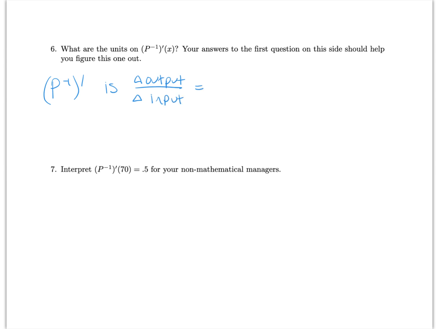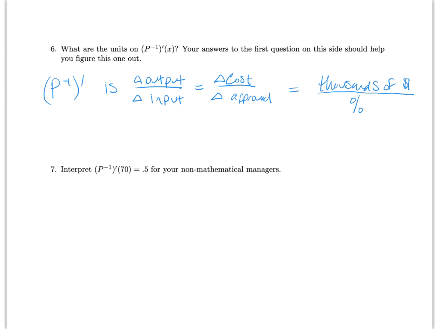And for this problem, input was approval and output was cost. So this is change in cost per change in approval. So my units are going to be thousands of dollars per my approval units, which is percent.